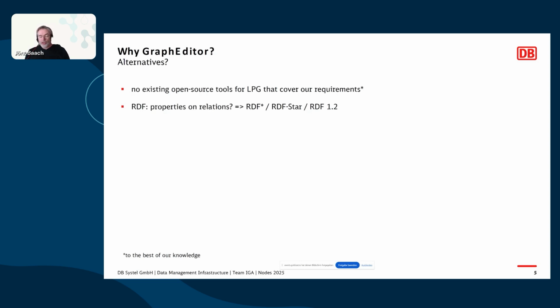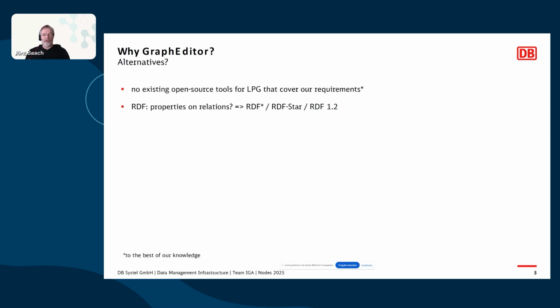And we were thinking and researching whether we could switch worlds, going from LPG to RDF. But we found RDF to be limited in at least two ways. First, as I said, we work on large graphs, and we need to do analytics on those large graphs. For that, we need graph algorithms and libraries that support us there.